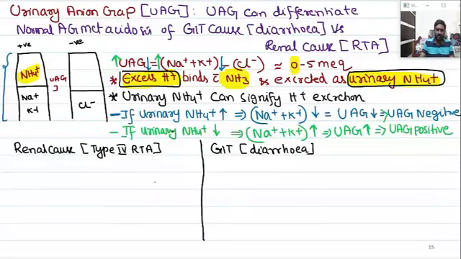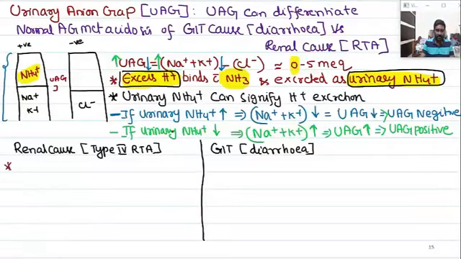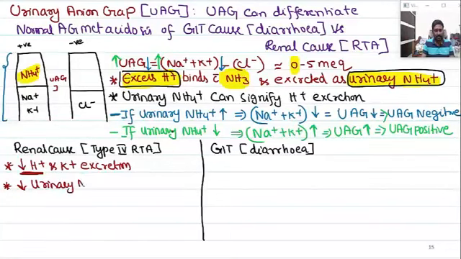Now what is the issue in type 4 RTA? So in type 4 RTA, there will be decrease in H plus and K plus excretion. So whenever H plus is not going into urine, what will happen to urinary NH4 plus? It will decrease because H plus is not secreted into the urine.